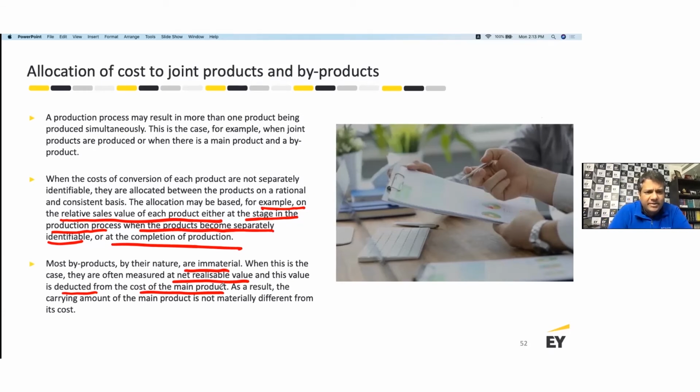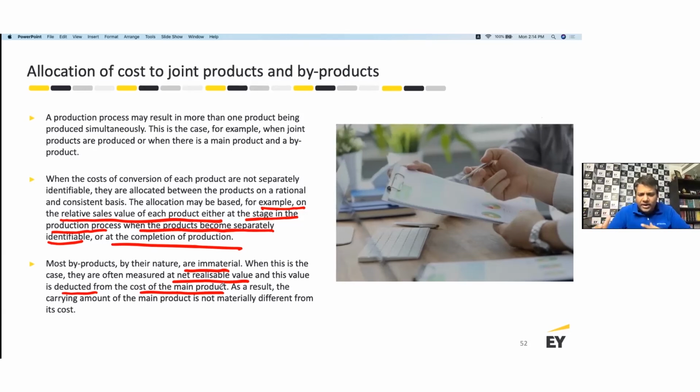As a result, the carrying amount of the main product is not materially different from its cost. Now, if the byproduct actually is material, then it is no longer considered a byproduct. Then it becomes part of a joint product. Then it is called a joint product.